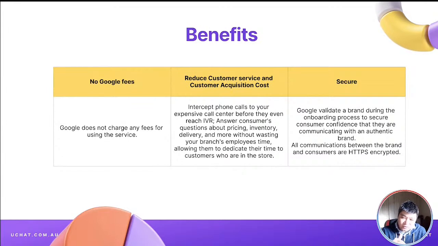If you follow the videos, you will see Google has a very strict process to validate the business address and its legal business status, and all the communications between your brand and consumers are encrypted. So it's very secure from Google offering this to marketers or to platforms like us.